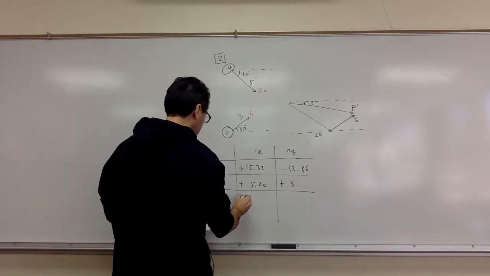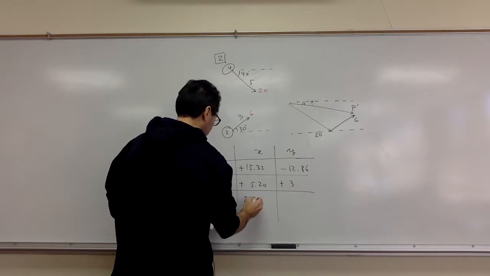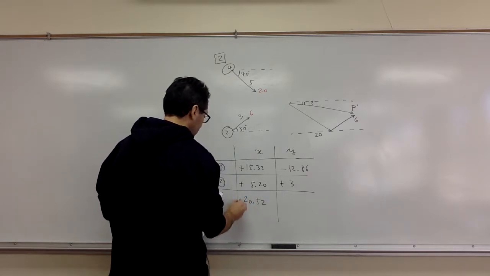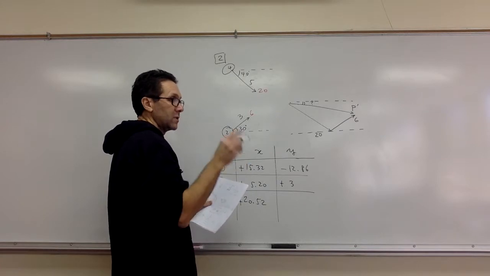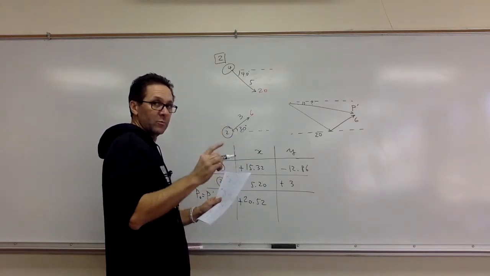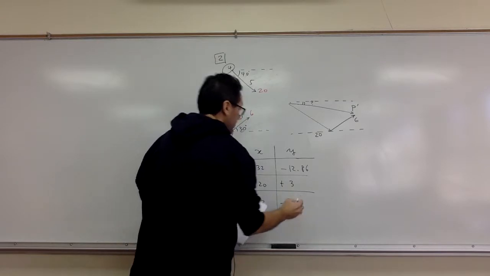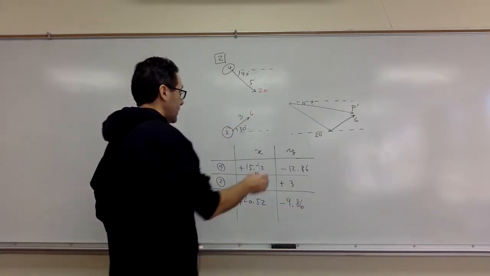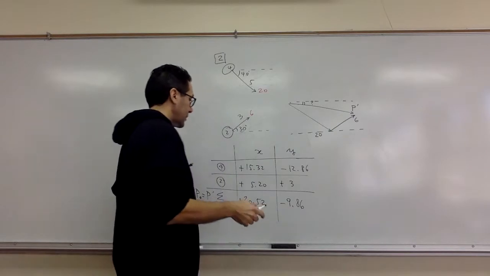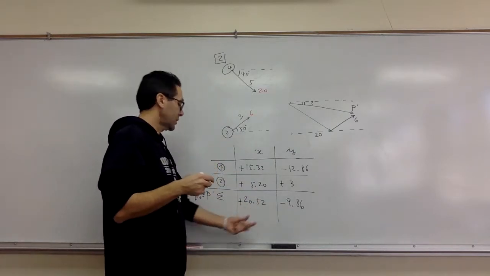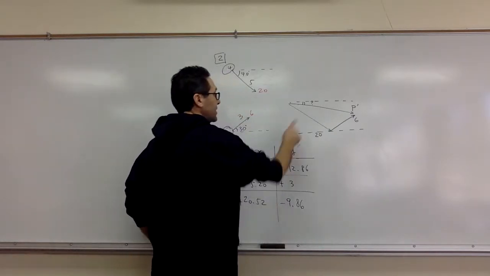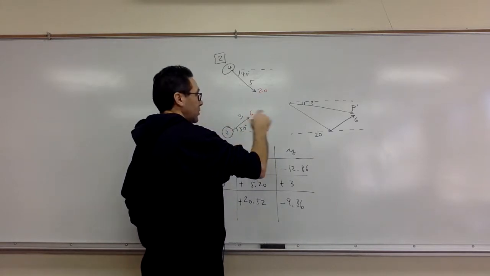Now, if I add 20.52 and negative 9.86, the reason I'm adding is because I want to find total momentum. It's the total momentum that's conserved, not the momentum of each. Now the picture that I drew kind of looks like it makes sense. All I have to do now is save this for the law of cosines.